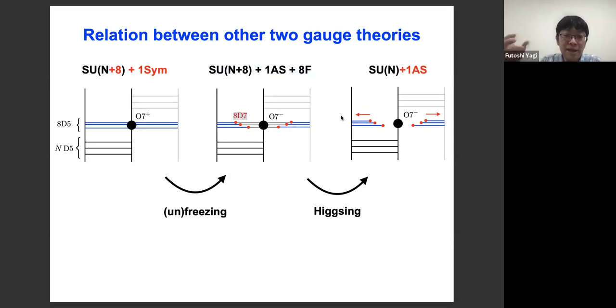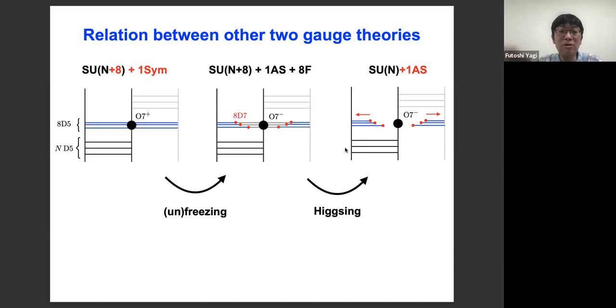And there are many properties, many quantities which are insensitive to the value of the Higgs vev. So even if we do Higgsing, many quantities are invariant, like Nekrasov partition functions, Seiberg-Witten curve, and so on.